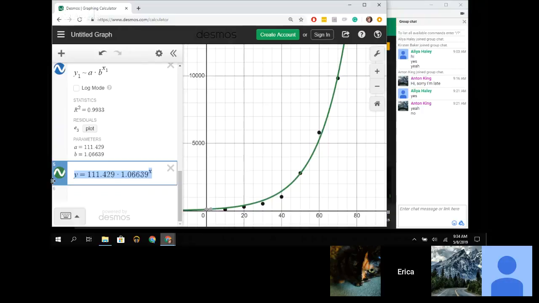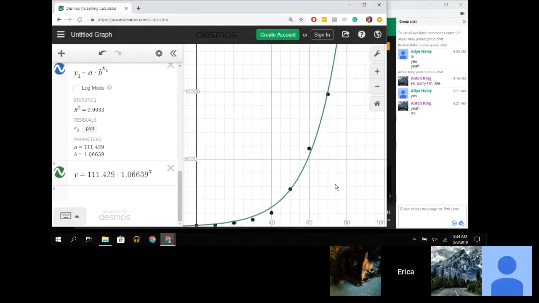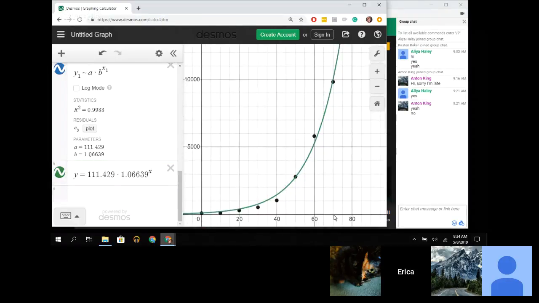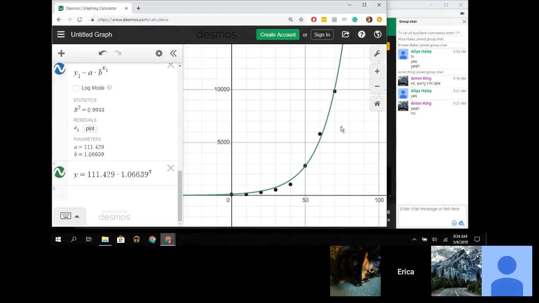Okay, so based off of this, now that I have a model, and you can see the blue and the green are right on top of each other because they're the same equation, what would you expect the GDP to be in, let's see, it starts in 1930 and 70 years out is 2000. So what would you expect the GDP to be in 2010? That would be 80 years past 1930, right?